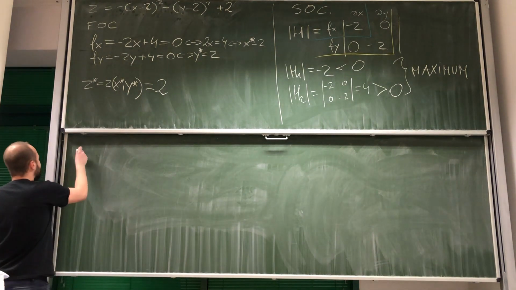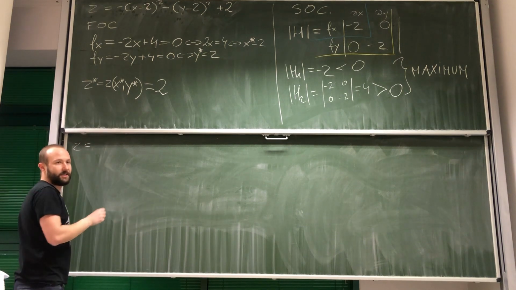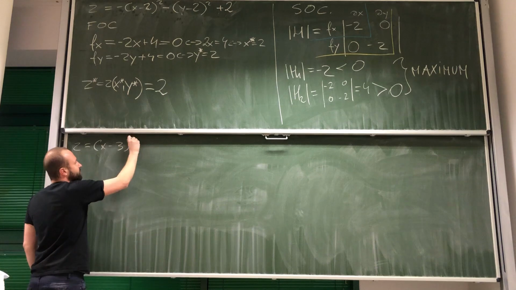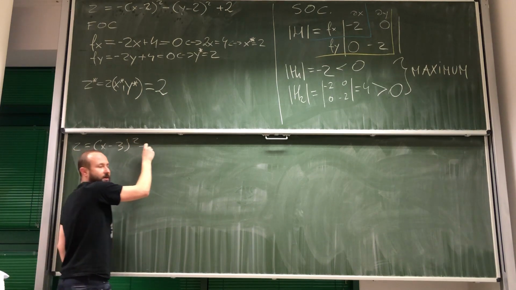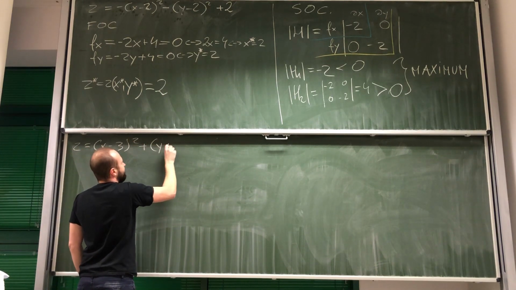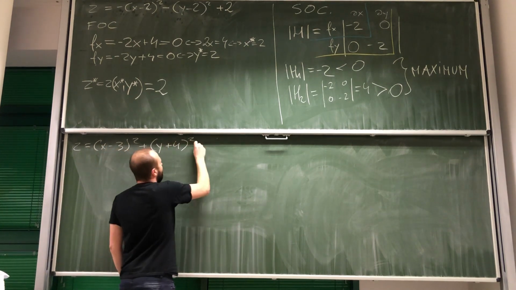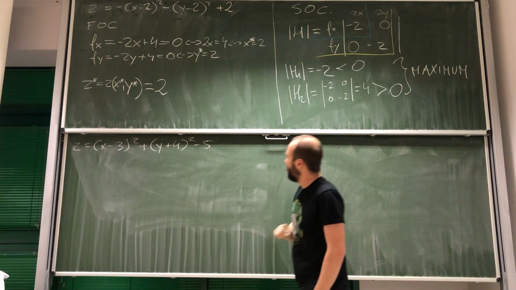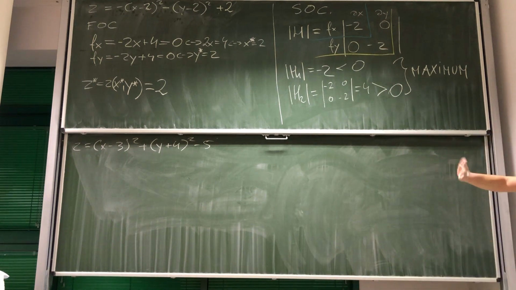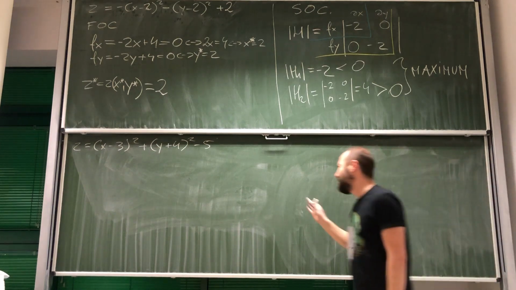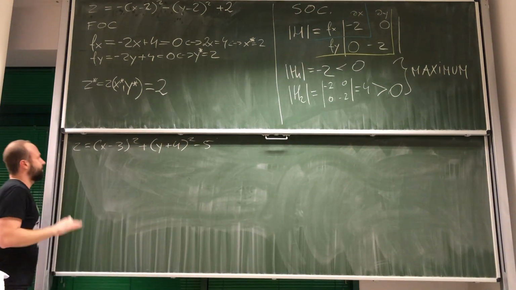So now we have that z is equal to (x minus 3) squared plus (y plus 4) squared minus 5. Again, I hope even without calculation you can guess what the answer will be, but let's try to do it anyway.